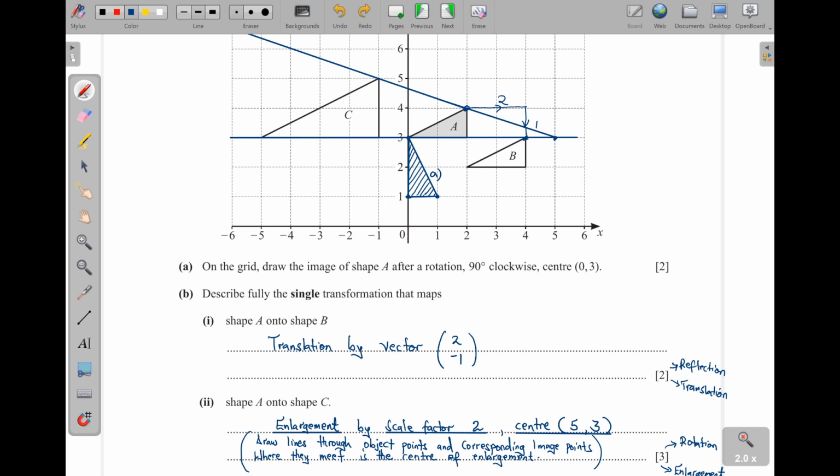Okay. Then how about if we use image distance from the center? Look at this point here, this one. When you look at here, the distance is 3 units. That is the object distance, so 3 units. The corresponding image point on C is this one here.